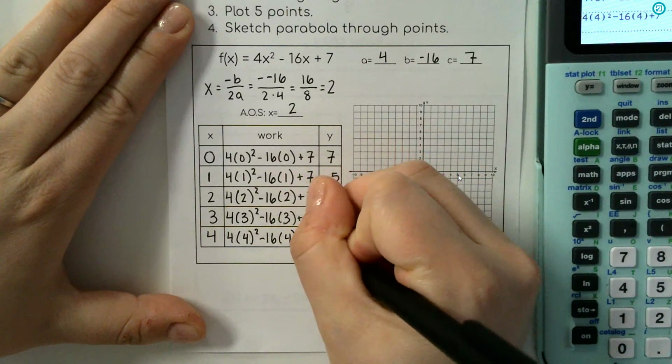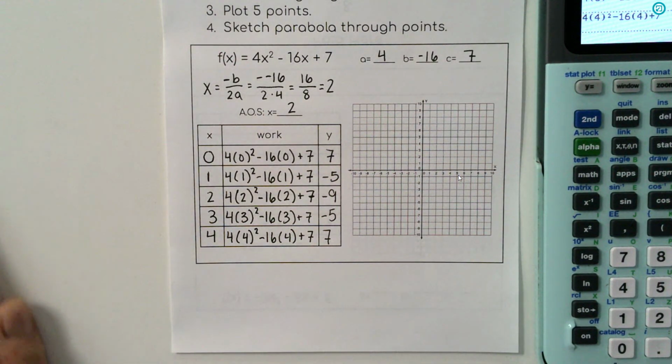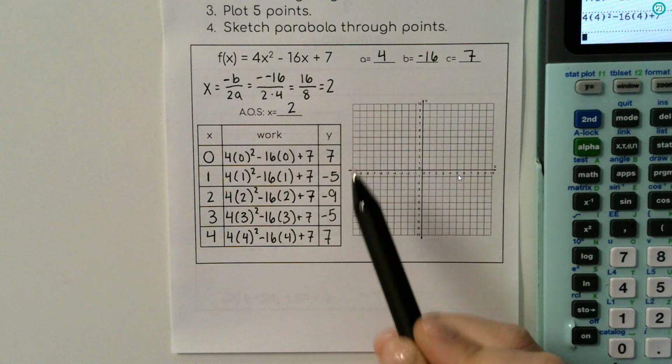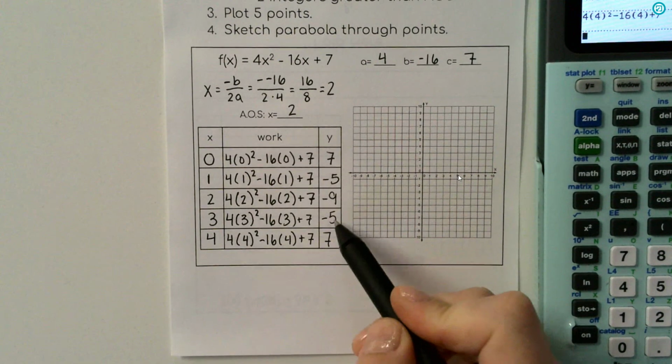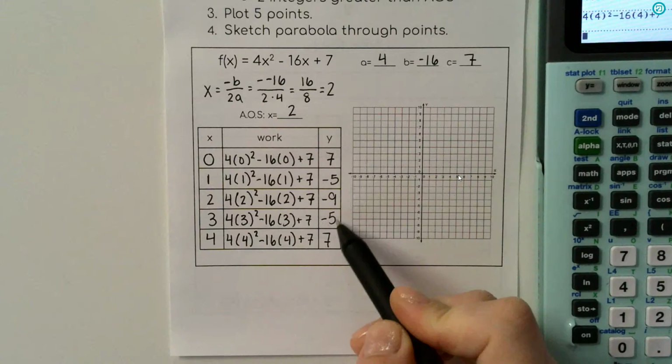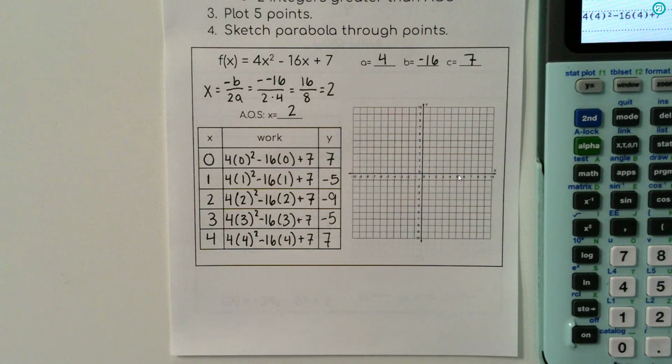Do we see any patterns? So look at the answers we got. What do you guys notice? So 1 and 3 have the same value, and 0 and 4 have the same value. So when we graph it, remember how in 6.6 our quick write was, what does it look like to be symmetrical?